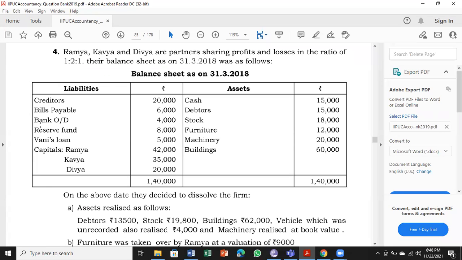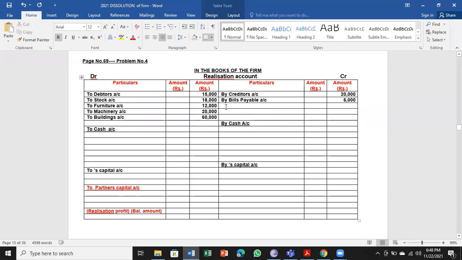Next, as I told you, bank overdraft is also an outside liability, and Vani's loan 5,000 is also an outside liability. We'll transfer both bank overdraft and Vani's loan. It is not in the order, so you have to be very careful and check it out. Bank OD account.